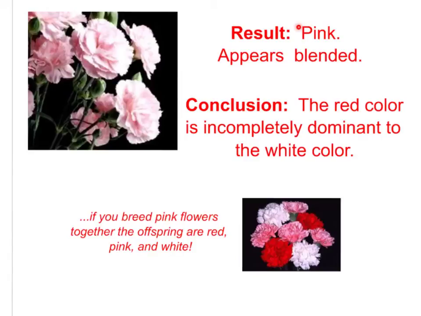What it is, it appears blended. And we call this incomplete dominance. The red color is incompletely dominant to the white color, and we call it incomplete dominance. By the way, just as a side note, if you breed the pink flowers together, the next generation ends up having red, pink, and white.